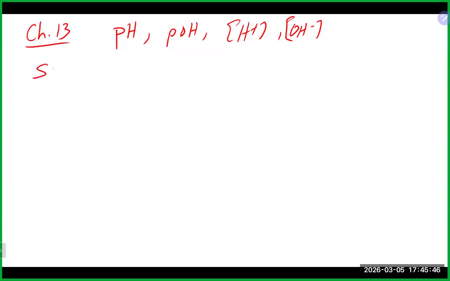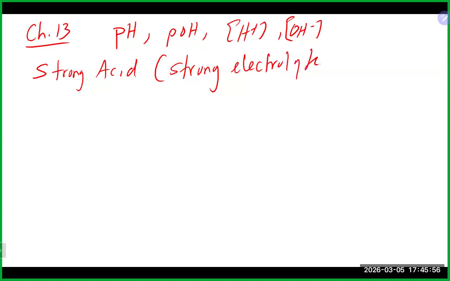A reminder that if you have a strong acid, it is a strong electrolyte, which means it's going to 100% break apart in solution. So something like hydrochloric acid, which is a strong acid, will again break apart into H plus and Cl minus.